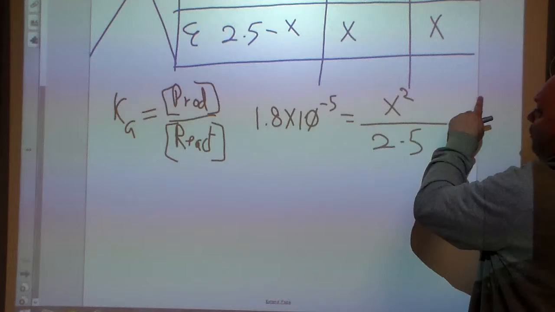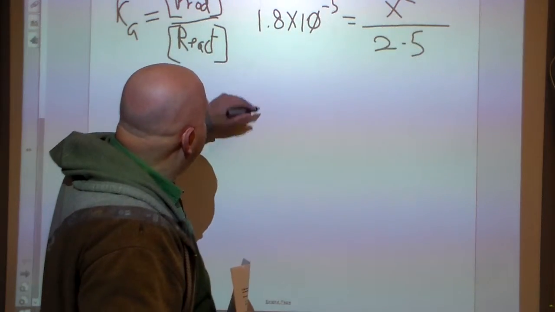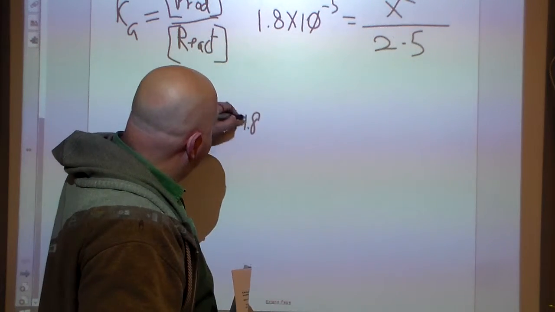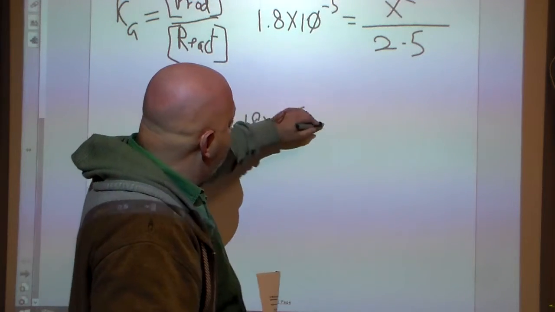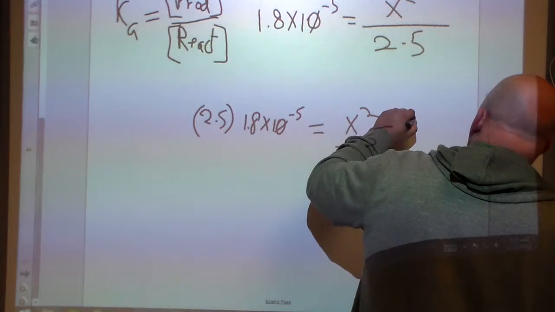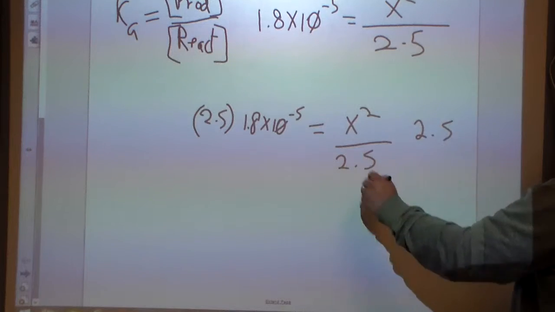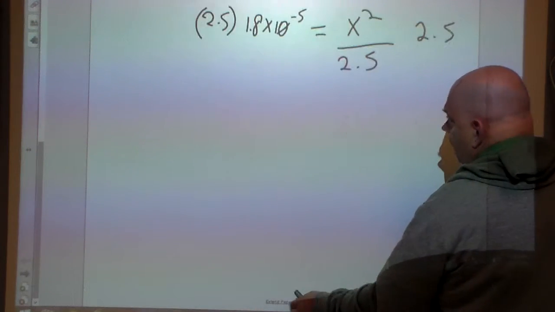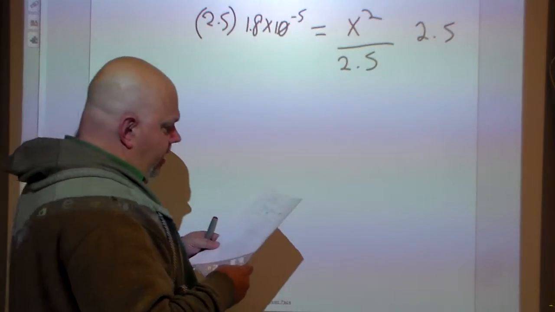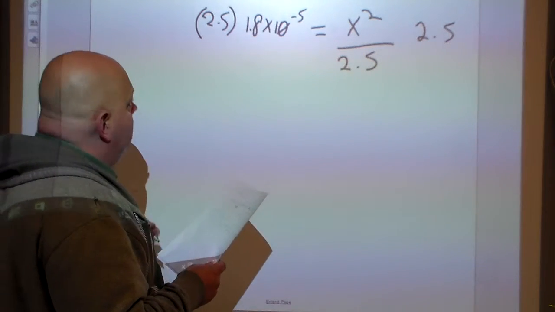We can multiply both sides by 2.5. So 2.5 times 1.8 times 10 to the minus 5th is equal to x squared over 2.5 multiplied by 2.5, and this cancels out.